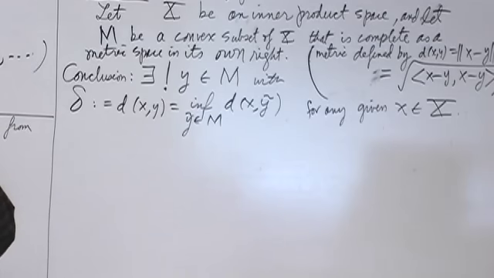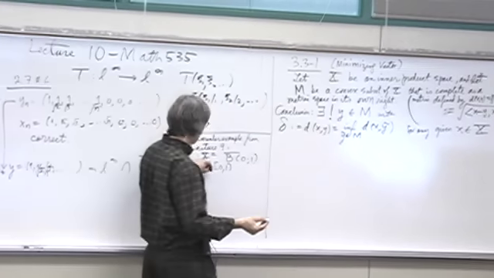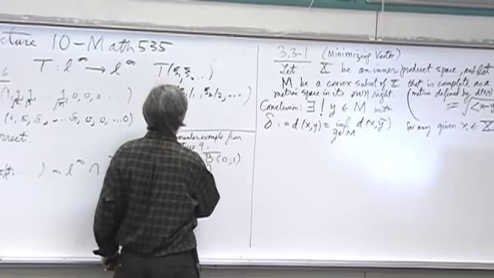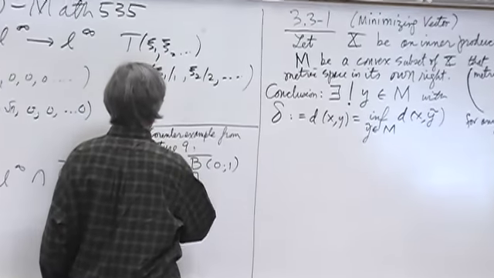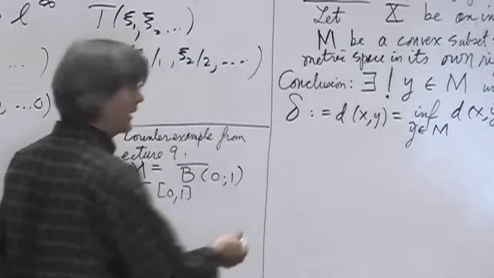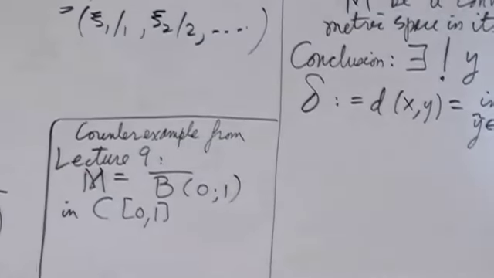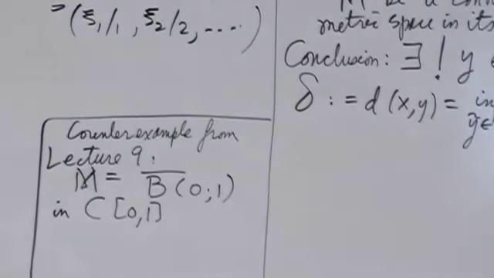You had X equals the closed unit ball B(0,1) in C[0,1]. So that's not an inner product space. X is not, M. This is M. It was the closed unit ball in C[0,1], and that's convex and complete. C[0,1] is complete. I have a closed subset of C[0,1]. That's a complete metric space.